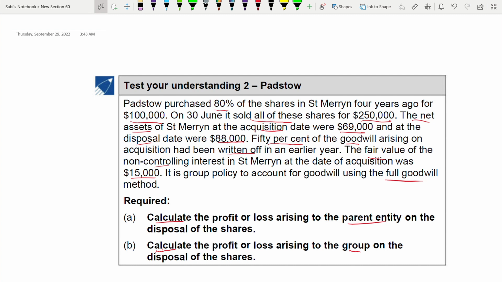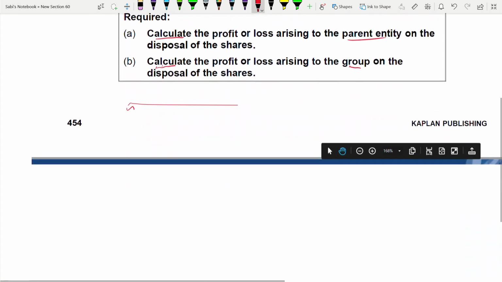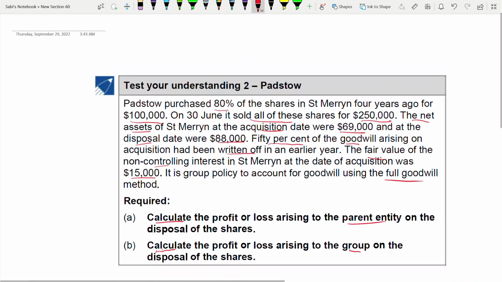So now you should be quite competent on this area. We have done 2-3 questions before this. So quickly you'll be able to tell me. A. To the parent means individual. Sale proceeds, how much? 250,000. I'm selling it for 250.